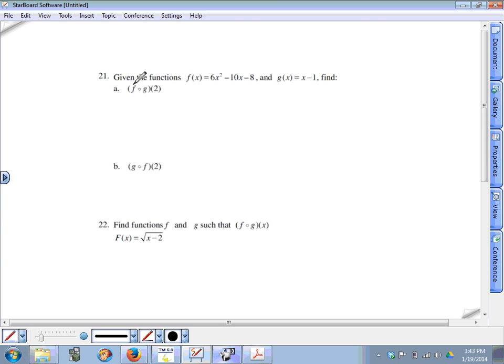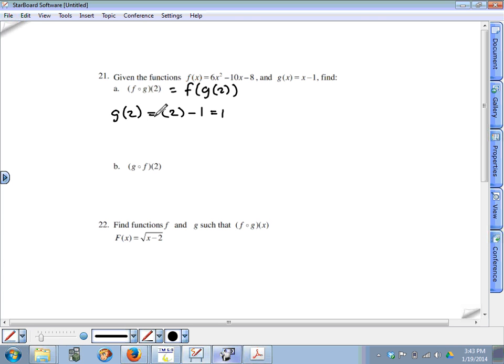Now we're finding the composition of two functions at a specific value of x, not just at x. So this is find f of g of 2. The 2 is going to go inside the g function first, forming a new number. We're going to take that new number and plug it into the f function. So let's first find g of 2. That's going to equal 2 minus 1, which equals 1.